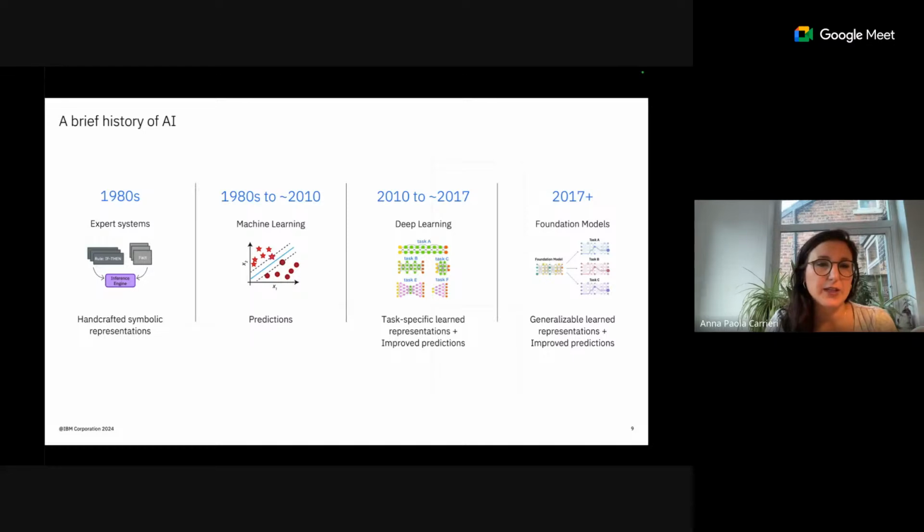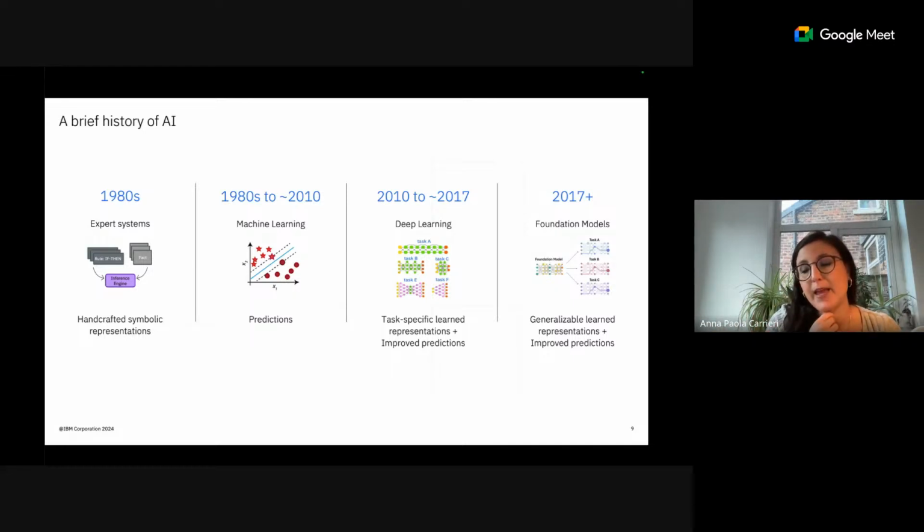So we started with rule-based systems, expert systems, and then there was a big boom of traditional machine learning models. I mentioned some, random forest, support vector machine, that were able to make predictions from data, which could have been tabular, images, and so on.